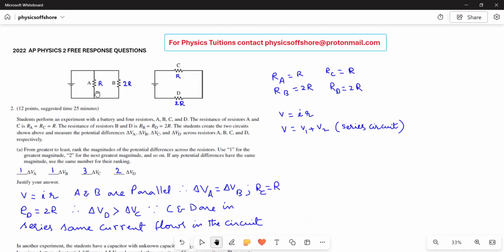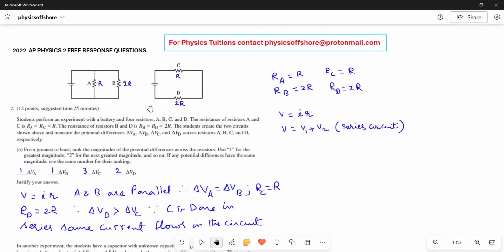The resistances of these resistors are here; I noted down whatever he gave. For A it is R, for B 2R, and C again R, D 2R. That means the same resistors, in one circuit connected in parallel, in another circuit in series. That's the meaning of this question.